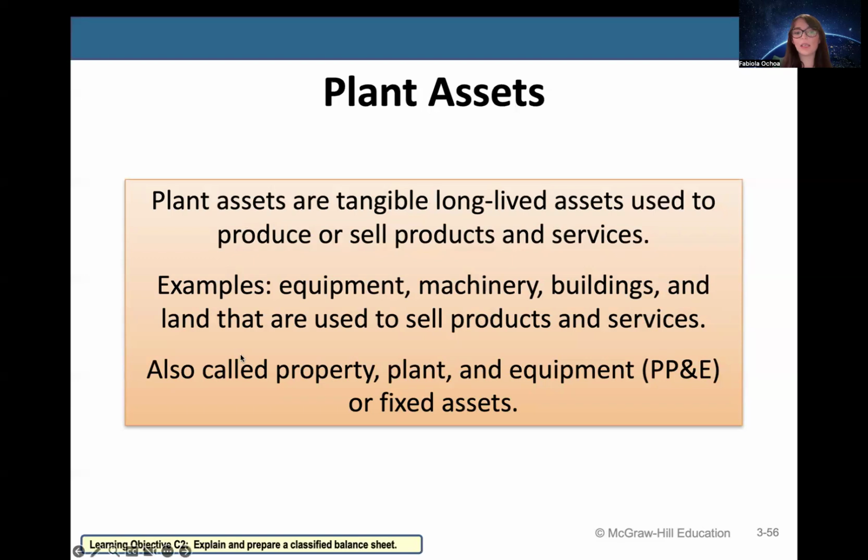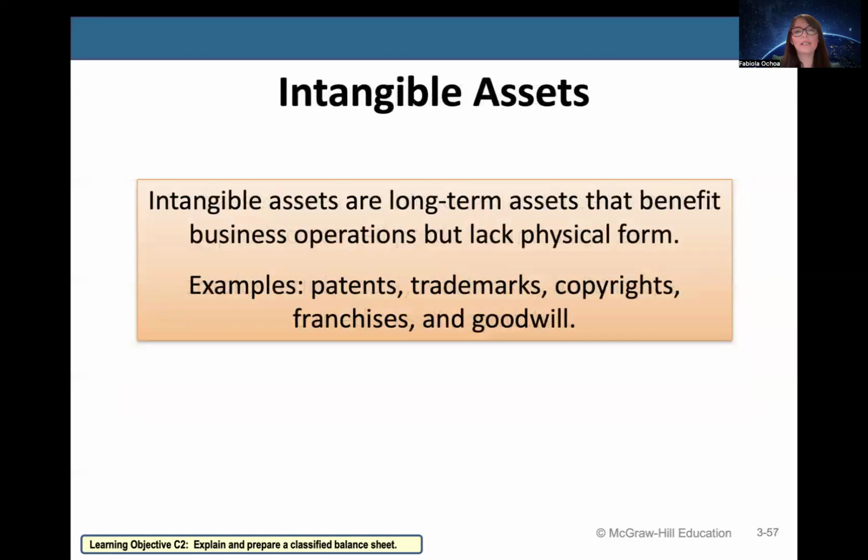We also call these PP&E, which stands for property, plant, and equipment, or fixed assets. Intangible assets are long-term assets that benefit business operations but lack physical form. We will learn about this further on in this course, so don't worry too much about these just now.